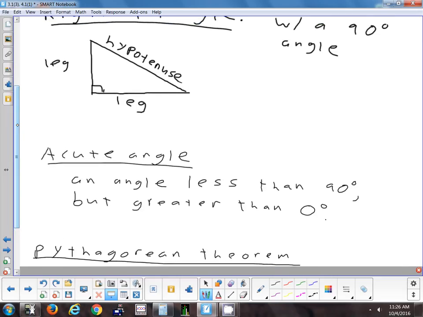Another theorem that's pretty helpful when we're dealing with right triangles is the Pythagorean Theorem. Can somebody tell me what that is? Marquise, you remember what that is? A squared plus B squared.